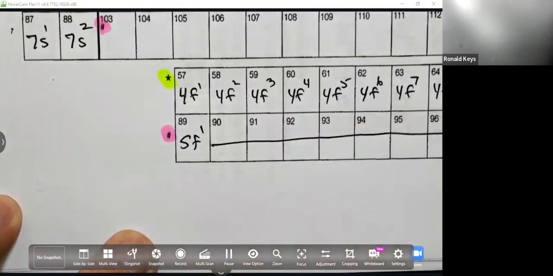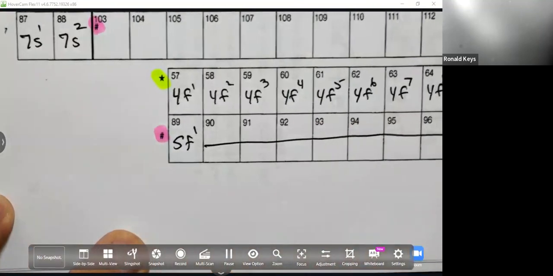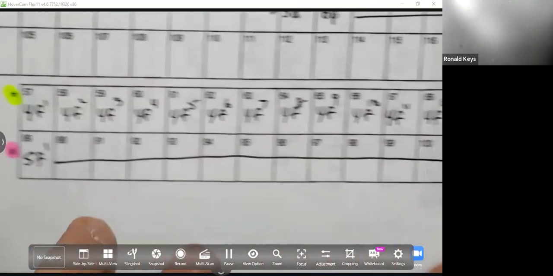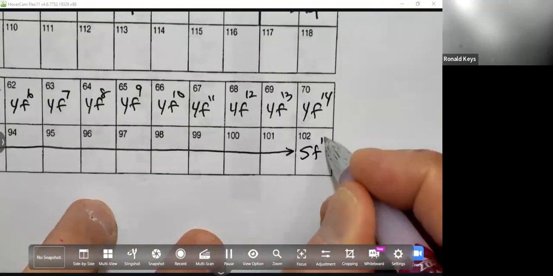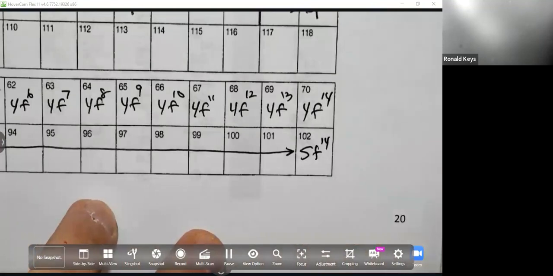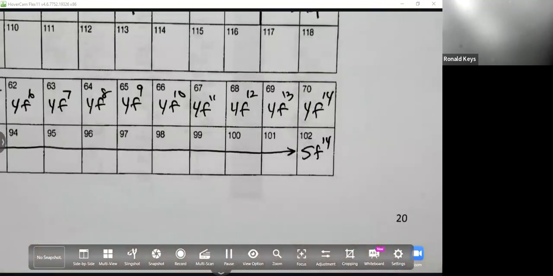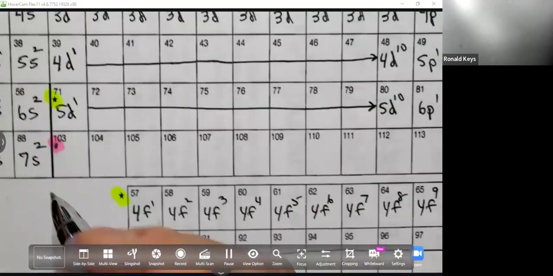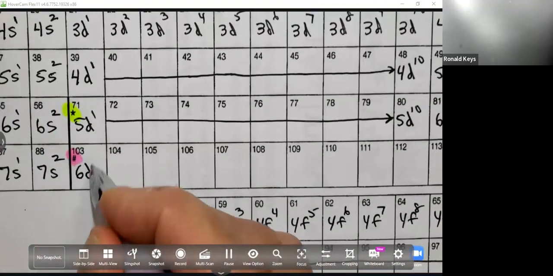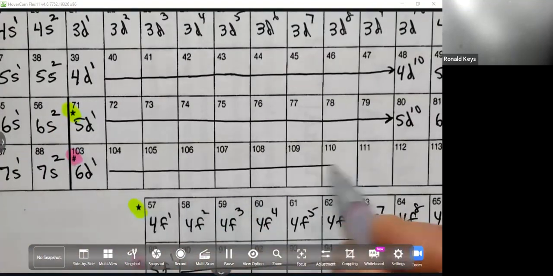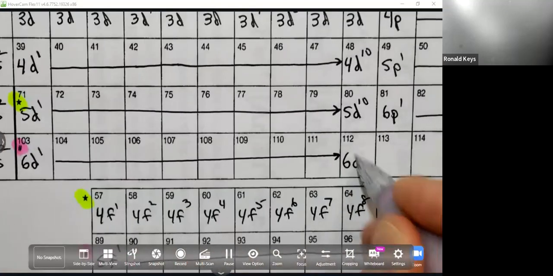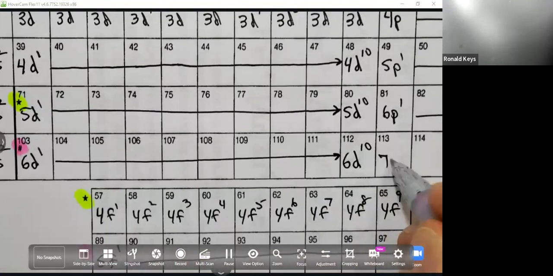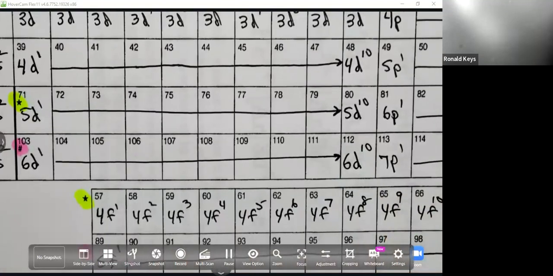I'm going to arrow it to 5f14 down here. After 5f14, it's 6d1 to 6d10, 7p1, 7p6.